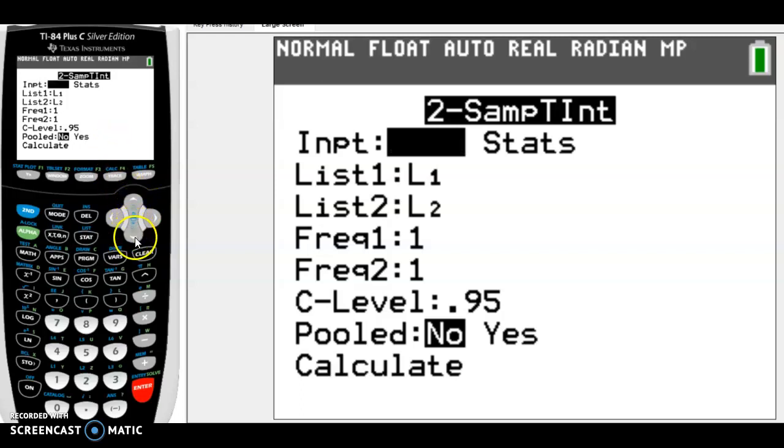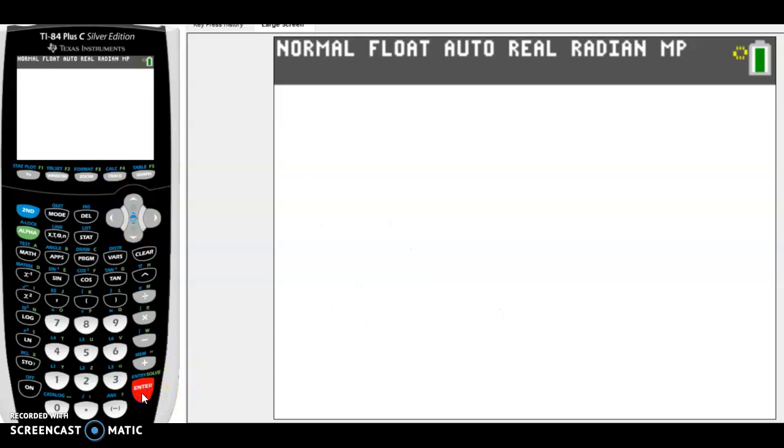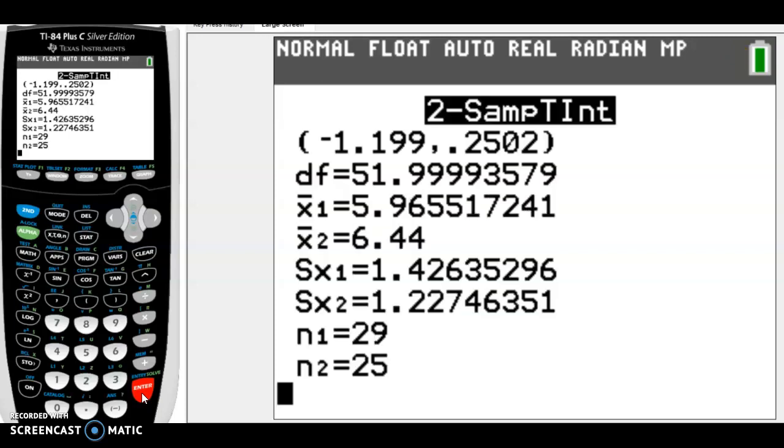So list 1, list 2, 1 for the frequencies, it's 95%. We never pool. We would be assuming that the population standard deviations are the same, which is a crazy assumption to make. And so again, that's the interval that I found, the goofy looking degrees of freedom, and confirmation of what all those summary statistics are from the list of data that we had.